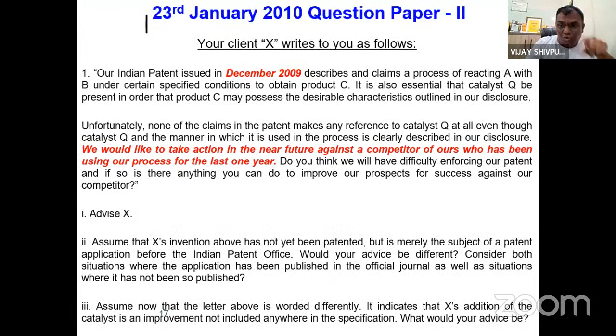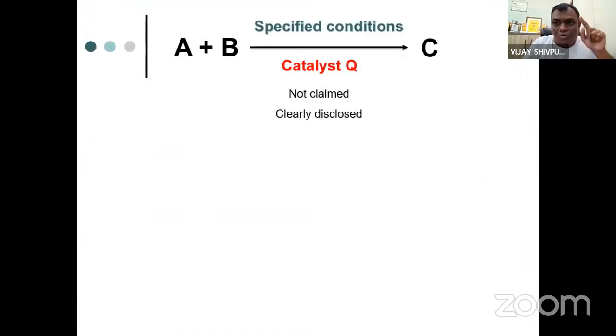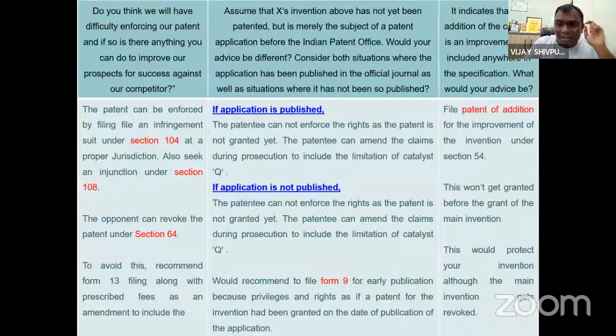The Q part is given to divert your mind from that infringement thing. Based on Q, would it be infringing or not? And this Q was a key thing here. Q would have been helpful for revocation, but not at all for infringement.